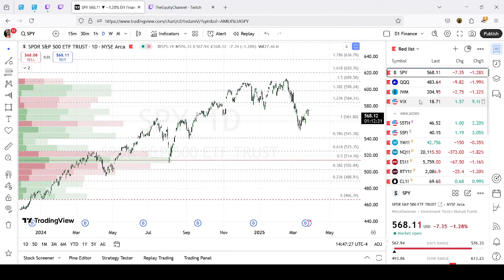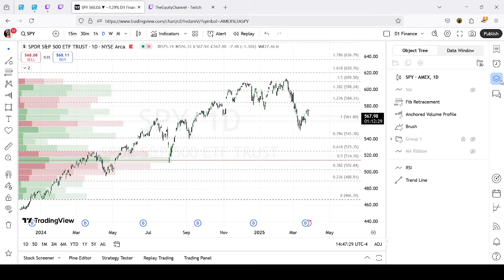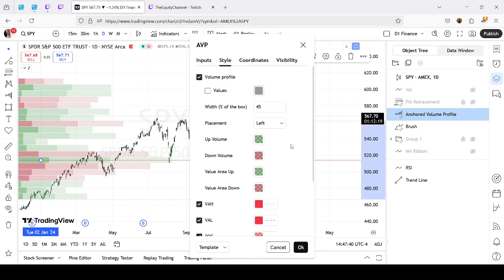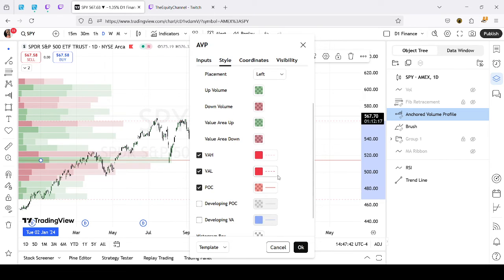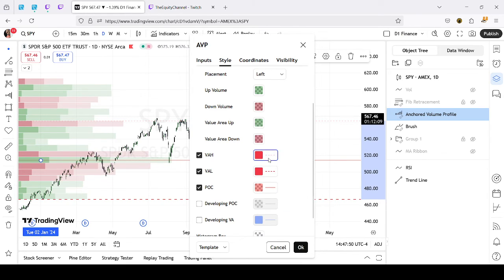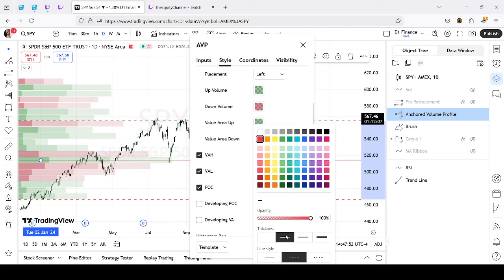Now, I'm going to move these Fibonacci's out of the way one more time here, because I actually want to point something out for new traders. Something you can do to get used to what I was just doing is increase the thickness of your value area high and low for now.